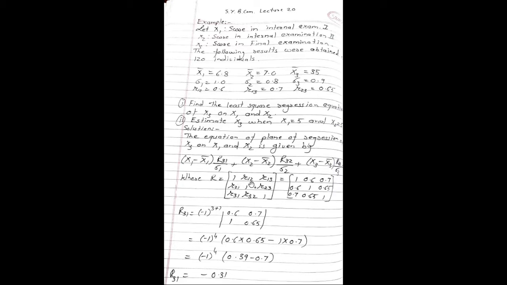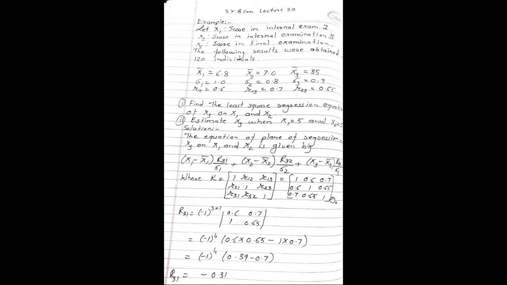We know that r12 is same as r21, r13 is same as r31 and r23 is same as r32. So replace all the values. So matrix R can be considered as 1, 0.6, 0.7, 0.6, 1, 0.65, 0.7, 0.65 and 1.